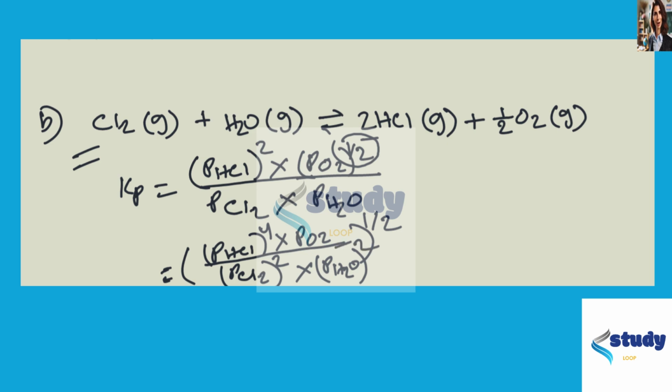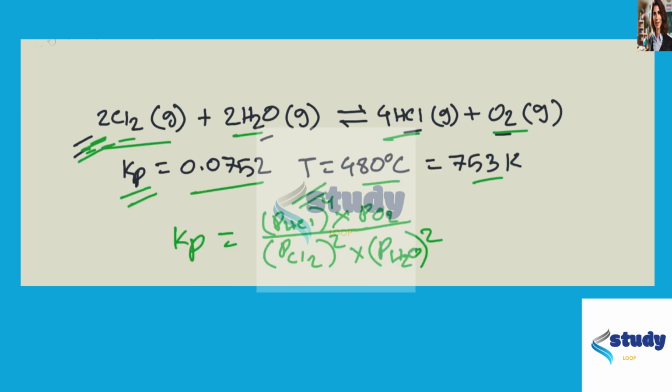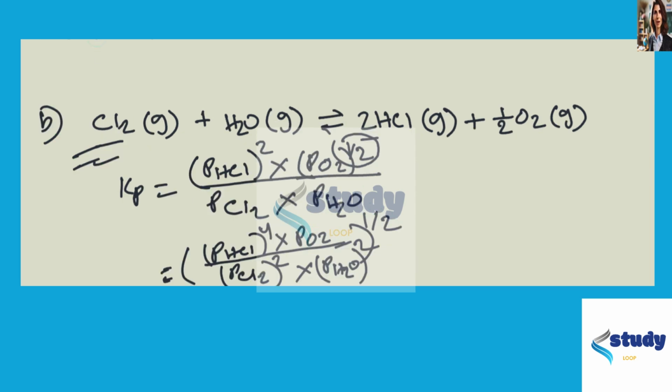We have written this in this form because this is the same reaction as the given one, but just the coefficients are different, or the total reaction is basically divided by 2 to get this reaction.